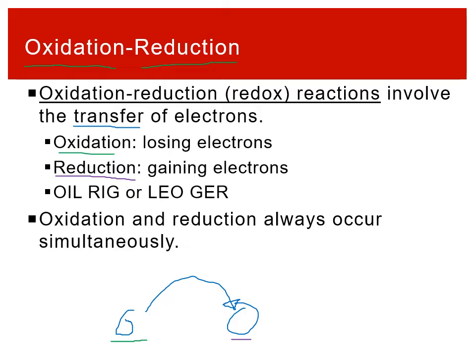So we do want to remember these rules, oxidation and reduction. There's going to be a lot of naming, and I understand it is confusing because reduction meaning gain is a little counterintuitive. We will learn where eventually that word comes from, but reduction is gain. I remember this using the mnemonic OIL RIG. Oxidation is loss. Reduction is gain.